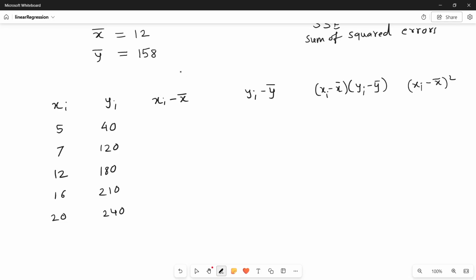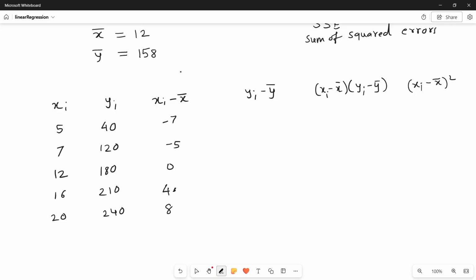What is xi minus x bar? 5 minus 12, so this is minus 7. Similarly, I'll just go on calculating the values. This is 0, this is plus 4 since 16 minus 12 is 4, and 20 minus 12 is 8.